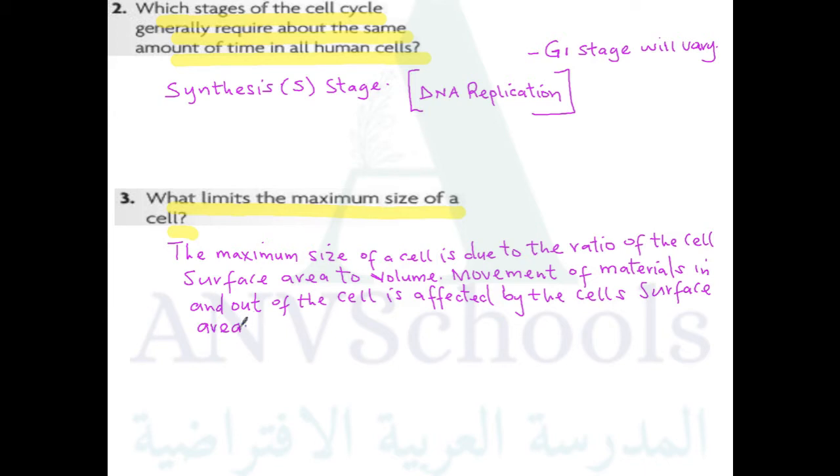So if the surface area to volume is large, then it will be very difficult to move materials within the cell, and the cell may not function as required.